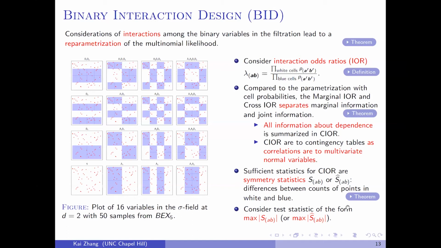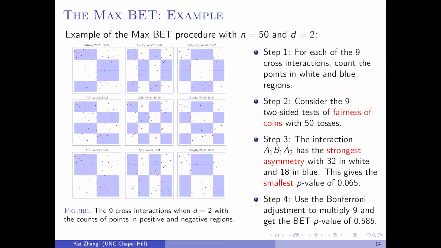Procedure-wise, the max BET is very simple, and we'll illustrate again with n equals 50 and d equals 2. For the same data scatter plot, we overlay the plots of the 9 cross interactions with white and blue regions, and we count the number of points in white and blue. For this interaction, we have 23 in white and 27 in blue.